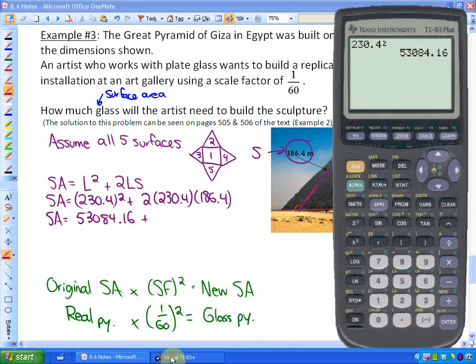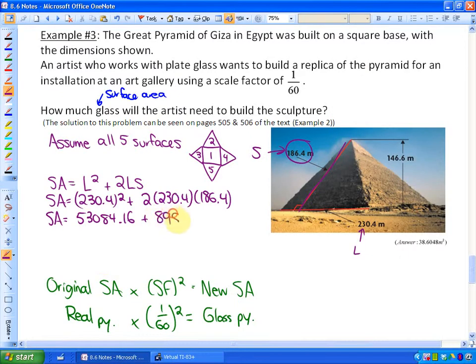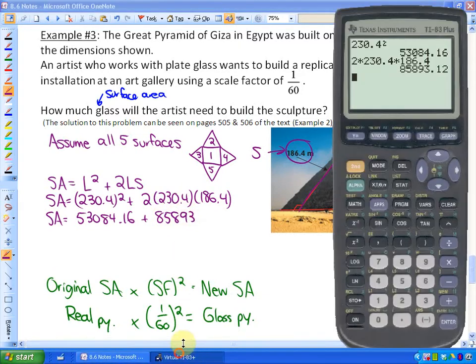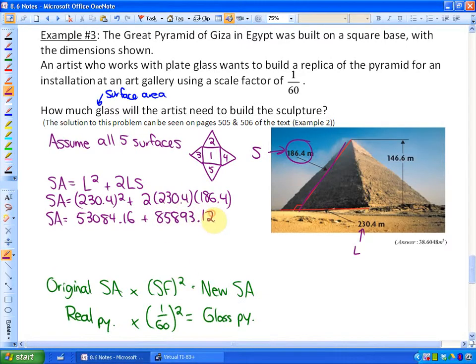That's plus 2 times 230.4 times 186.4, which is 85,893.12.